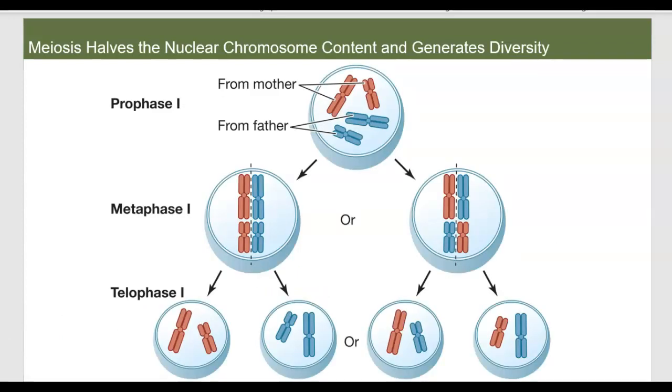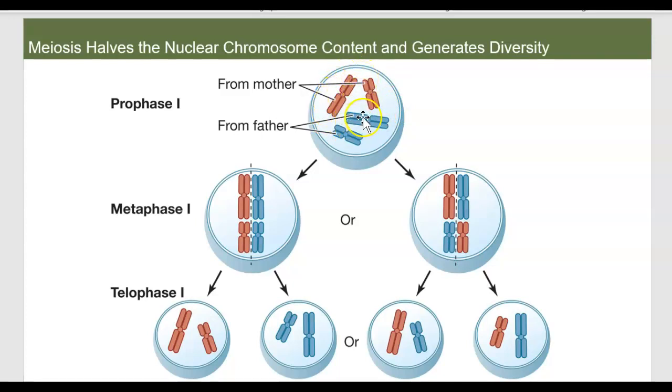So let's take a look. So this is ignoring the idea of crossover now, but that happens too. But let's just ignore that for now and say, okay, these original cells that are going to make gametes that you might have in you, you got one pair from your mother.